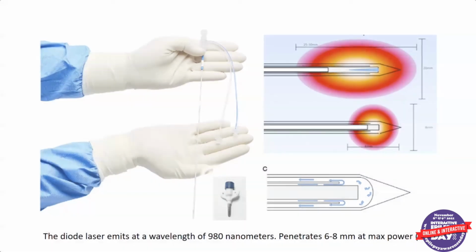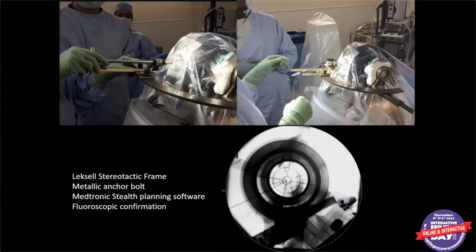So this laser probe is implanted into the brain, and it emits a type of light that is high energy and destroys tissue right around it. This probe is placed with great precision into the brain using either a stereotactic frame or a robot to target the nodular area of interest.